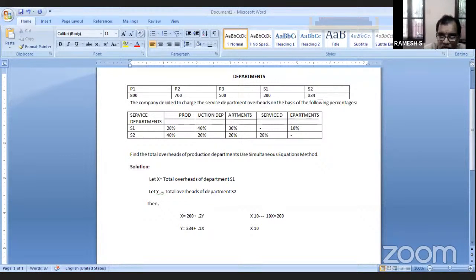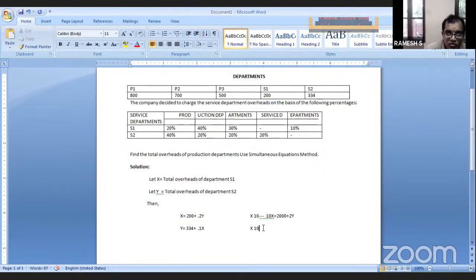It will give us 2000 plus 0.2y into 10. How much will it come? You calculate 0.2 into 10, you will get 2. So 2y. So like that, we are able to eliminate points.